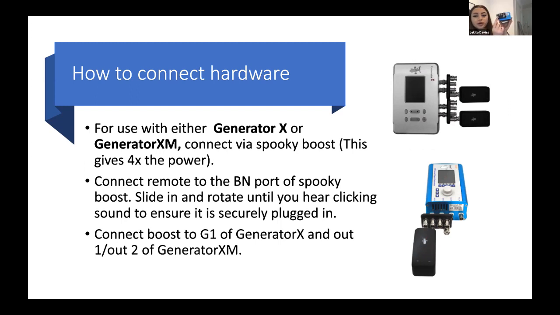The BN port here, the one nearest the ground, nearest the bottom. Just slide it in and do the same thing, twisting it until it's secure. So then it won't come off. And that is how you connect it quite simply.